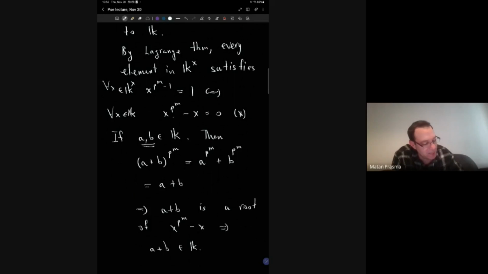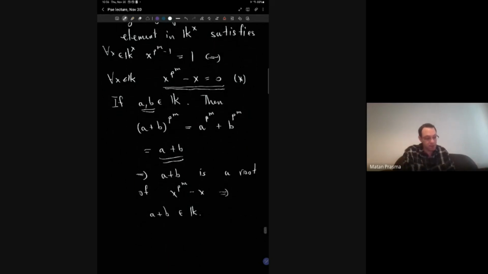because K has exactly p to the m elements, and therefore all the elements of K must be precisely the roots of this polynomial. And this polynomial has p to the m roots. So if I know that a plus b is a root of this polynomial, I get that a plus b is an element in K. This means that K is closed under addition.